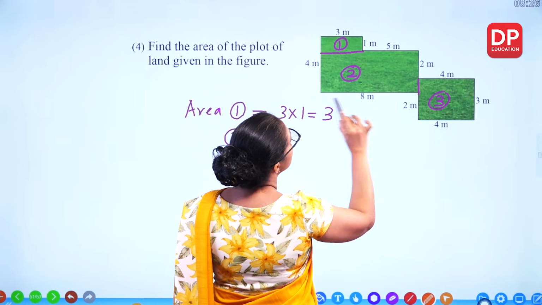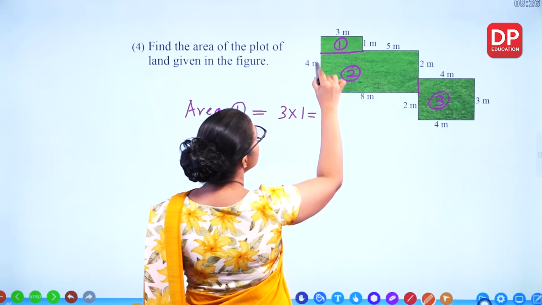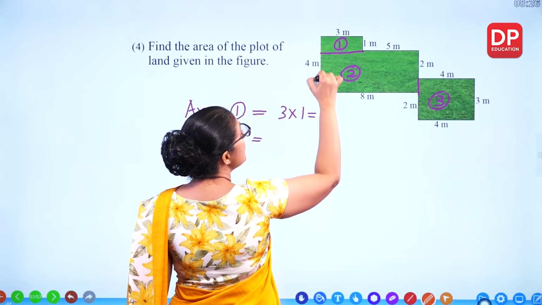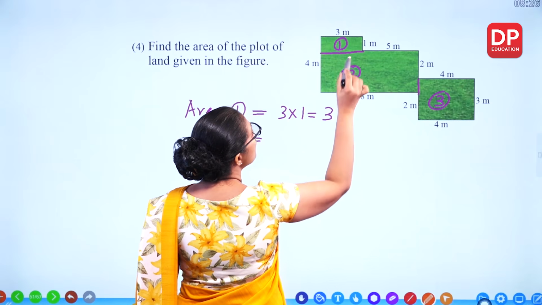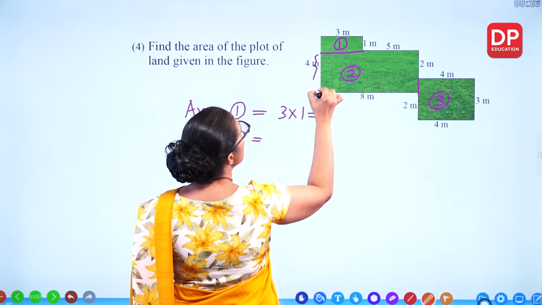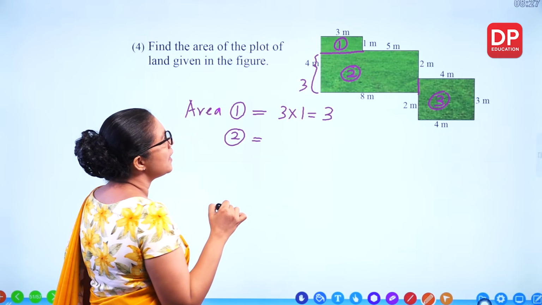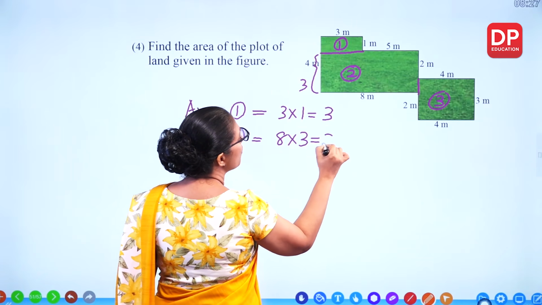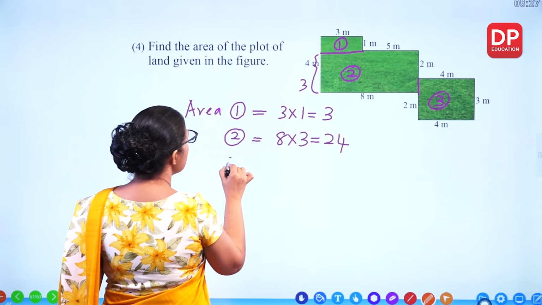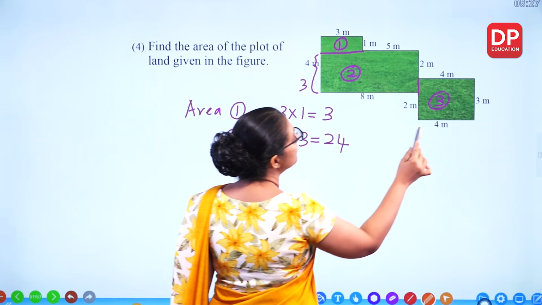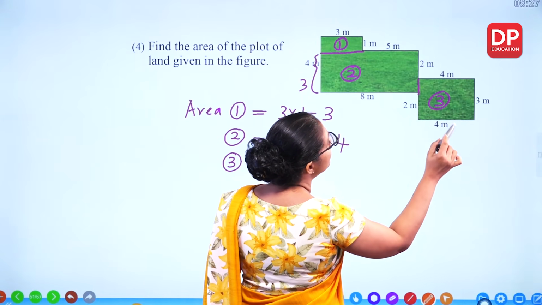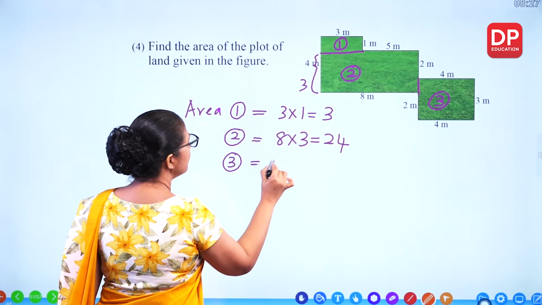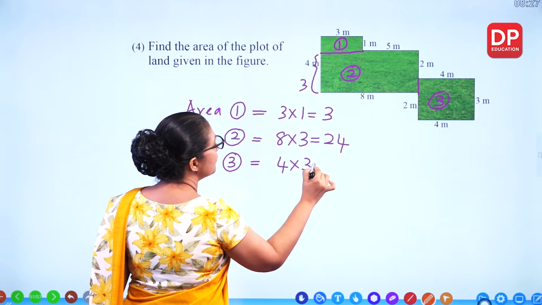What's this length? 8. 8 times this full length is 4 and 1 you have to take away. So this becomes 3. 8 times 3, 24. What's the area 3? 4 and 3, 12.